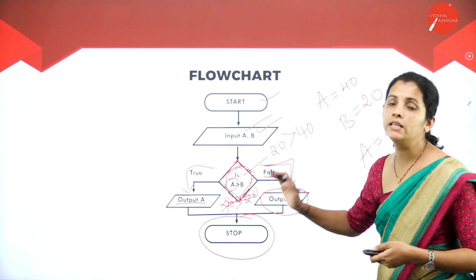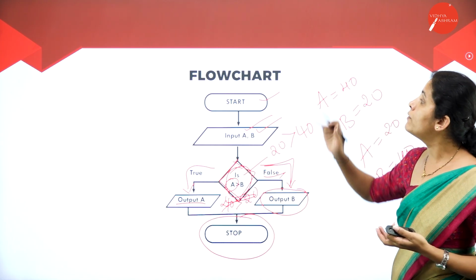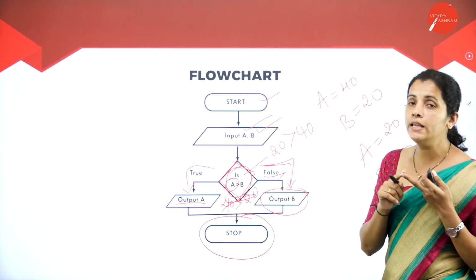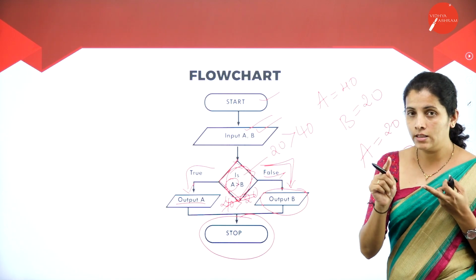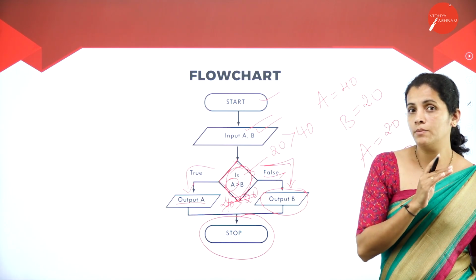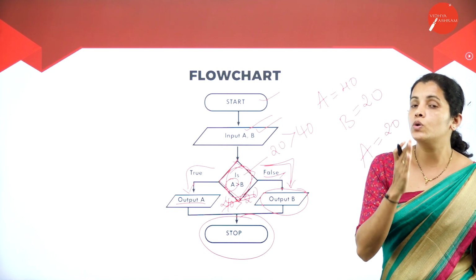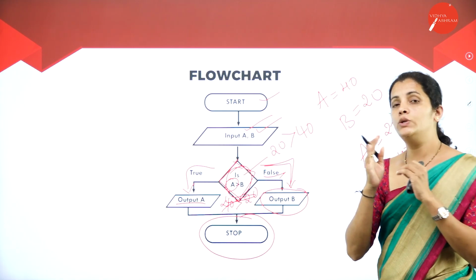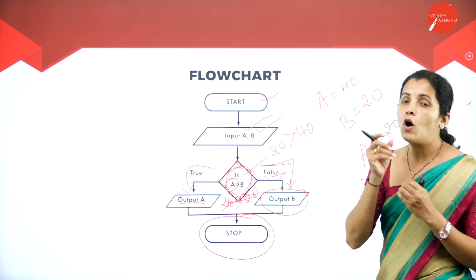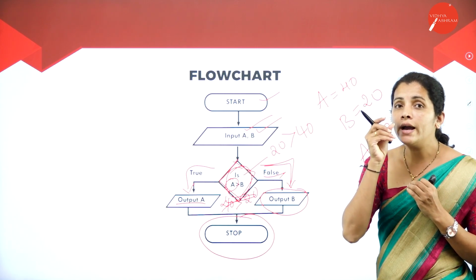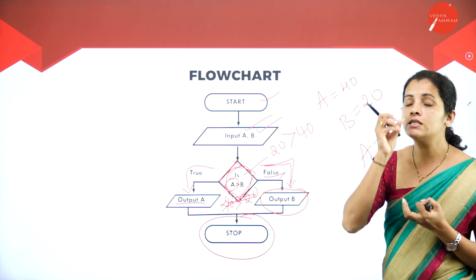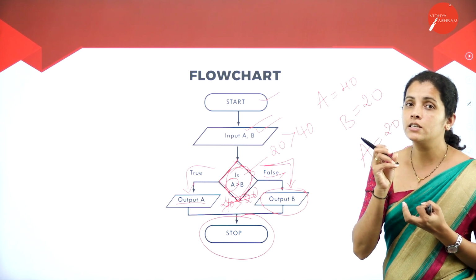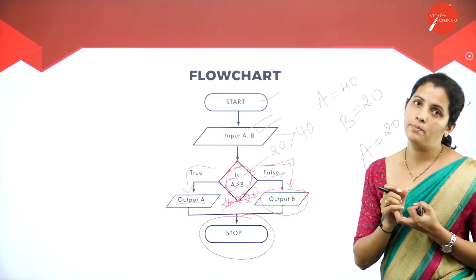So dear student, just remember that in our today's class at the beginning, we started writing an algorithm. After writing algorithm, what is my next step? I want to convert my algorithm into flowchart because algorithm gives finite sequence of instruction, that is step by step instruction to solve the problem.